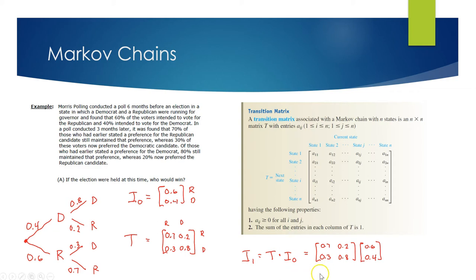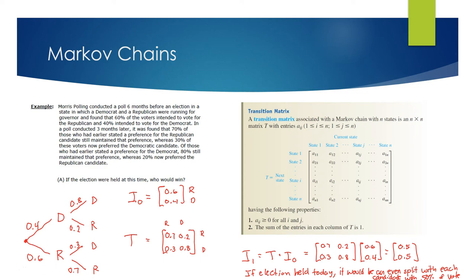I multiply this transition matrix times this state matrix, and what I get is a 2 by 1 matrix, which is 0.5, 0.5. On top, it's still the Republican percentage, and the second one is the Democrat. So based on this result, if the election were held today, it would be an even split with each candidate getting about 50% of the vote. With these things being true the way they're stated, that's where I expect things to be.